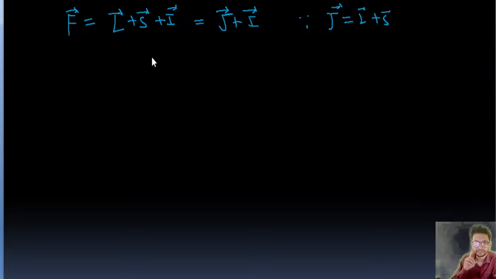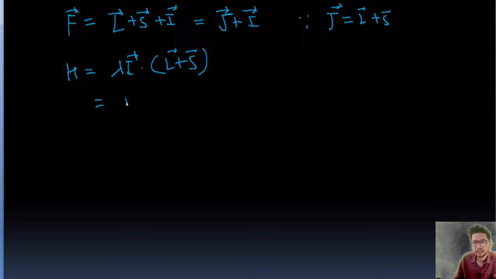Now we have been given the Hamiltonian. The corrected Hamiltonian that is given is lambda I dot (L plus S).